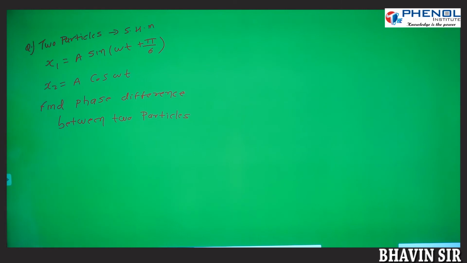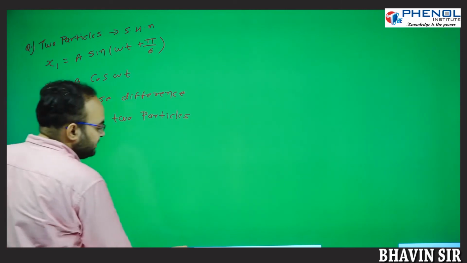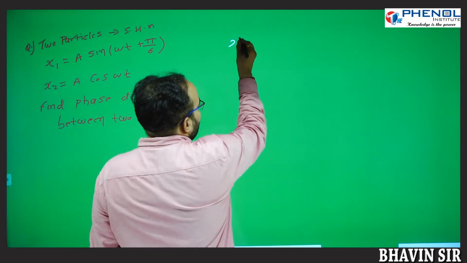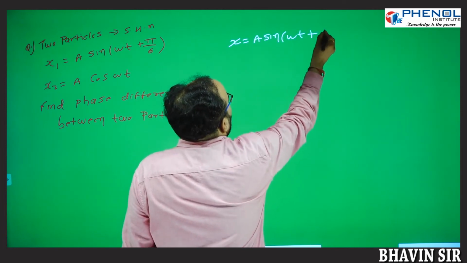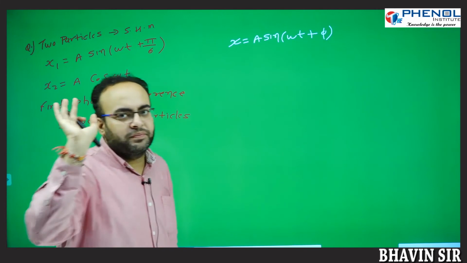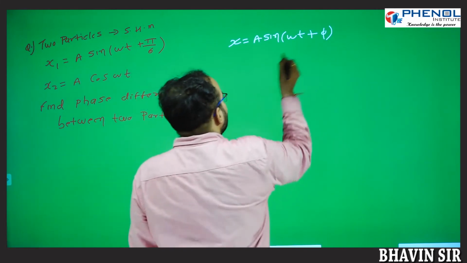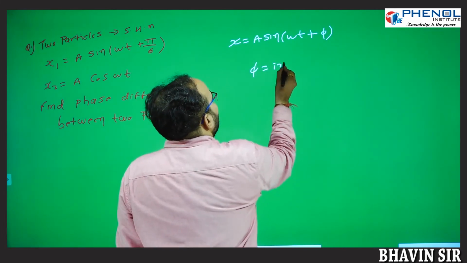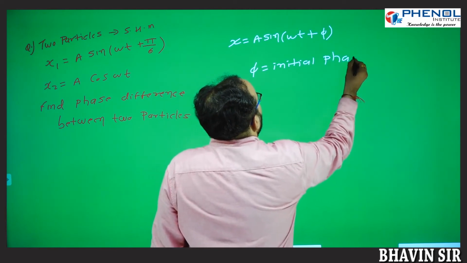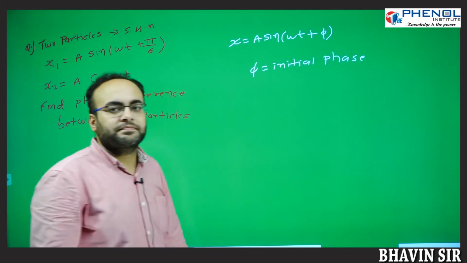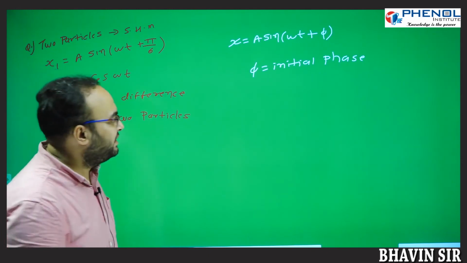So first, students, suppose x equals A sin(omega t plus phi), which we know. In that case, that phi is known as the initial phase.